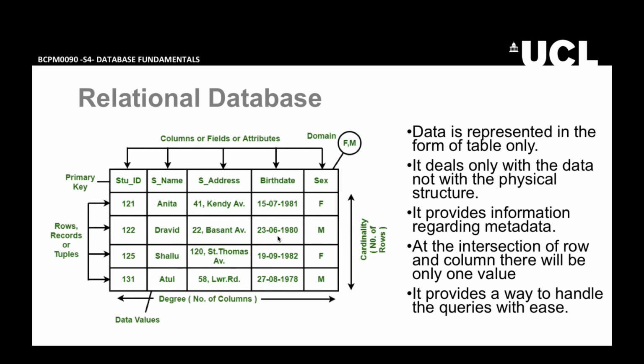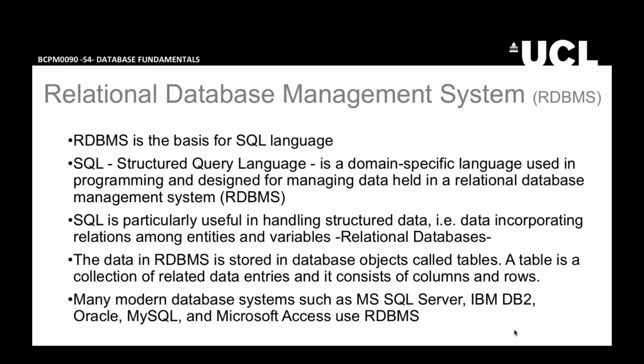This way to store and organize data in a relational database provides the easiest way to handle queries on this data. So the way we can manage a relational database is through the Relational Database Management System, RDBMS.